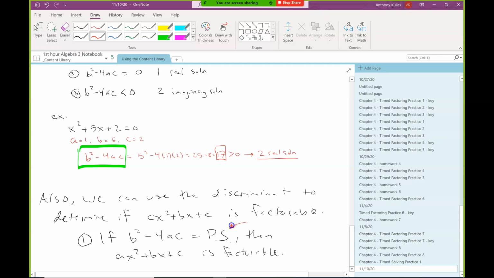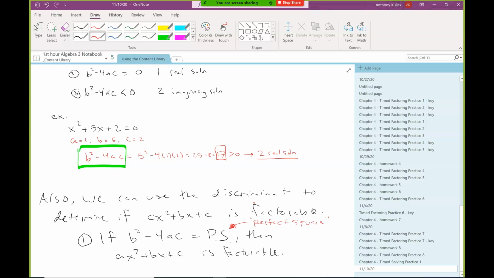What do I mean by PS here? I mean a perfect square. So what are things that are perfect squares? 1, 4, 9, 16, 25, 36, 49, 64, 81, 100, 121, 144, etc. These are examples of things that are perfect squares.